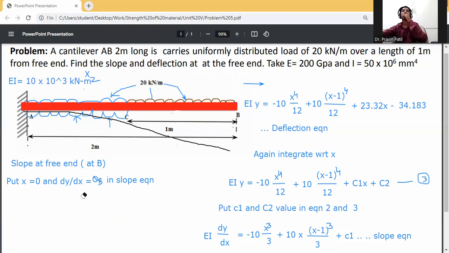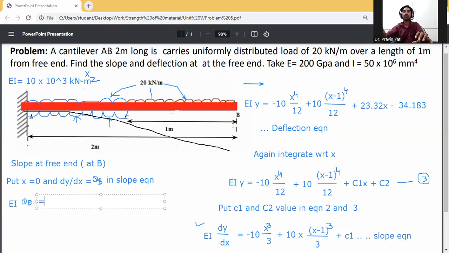So now put x is equal to 0, dy by dx is equal to theta B in the slope equation. So EI dy by dx, which is theta B, is equal to, now x is equal to 0.